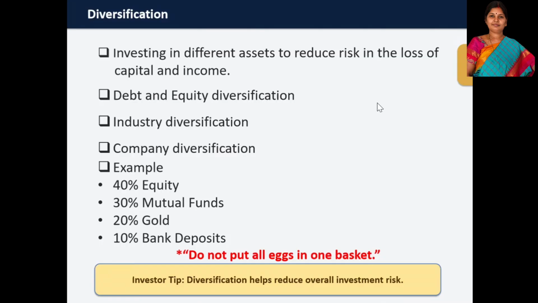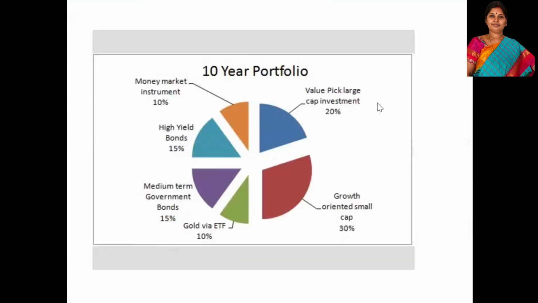Like this, you can diversify your 100 rupees of investment into 4 different types of investment avenues, right? So what I have quoted before, do not put all eggs in one basket. So diversify. So what is the investor tip? Diversification helps reduce overall investment risk. So our overall investment risk will be reduced when you diversify.